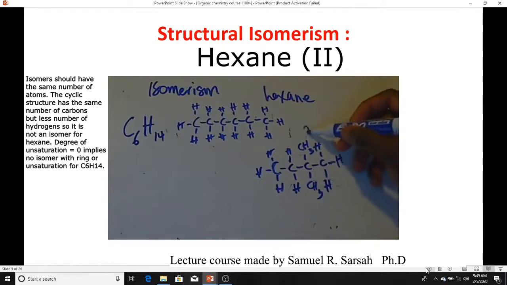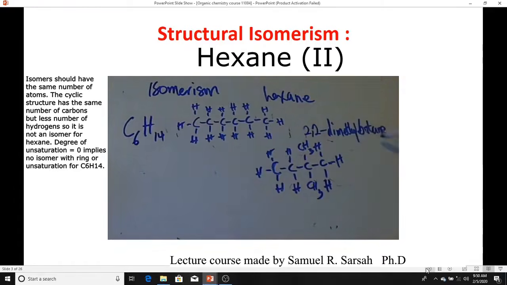So you write 2,2-dimethylbutane. It's a structural isomer of hexane.